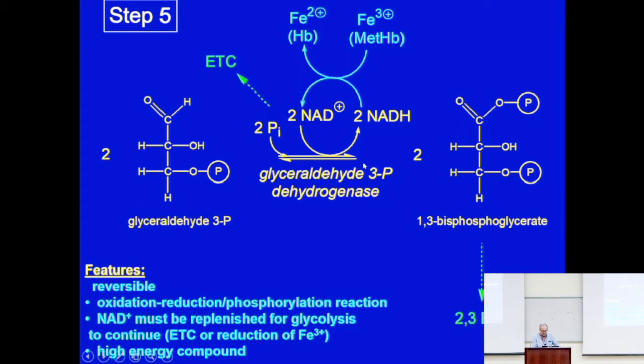So the important thing about this enzyme is two things. It is going to be producing NADH, and because we're starting with two glyceraldehyde 3-phosphates, it will produce two NADHs. And this is going to contribute to the overall energy output from glycolysis.